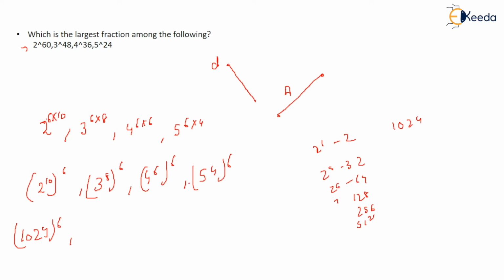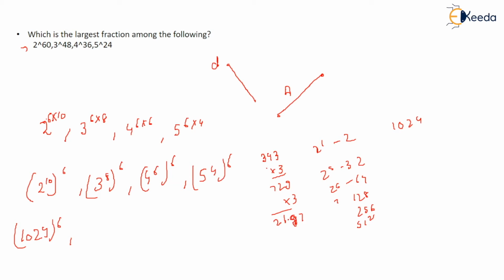This next one comes out to be 3 to the power 8. So I know that 3 to the power 3 is 27, 4 is 81, 5 is 243, 3 to the power 6 will be 729, 3 to the power 7 is 2187.